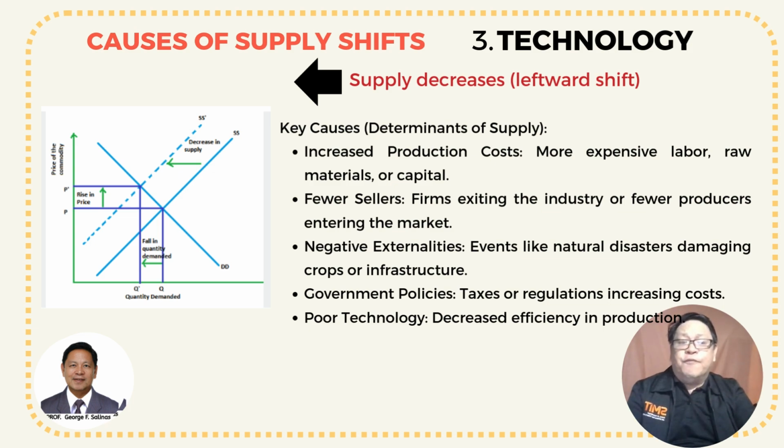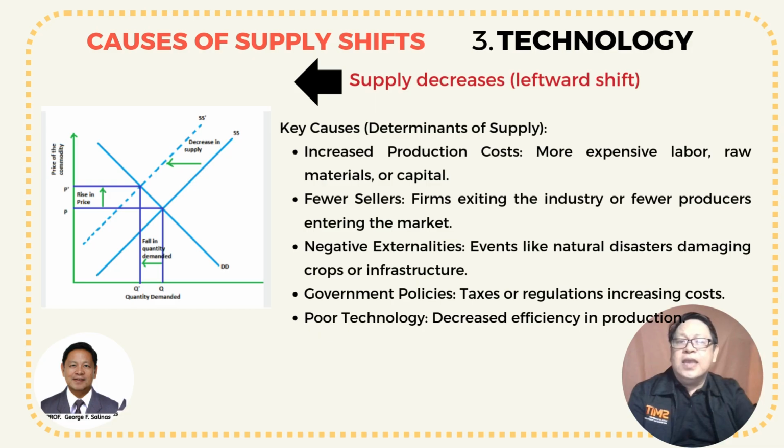And of course, the fourth factor is the government policies. The implementation of new taxes, stricter regulations, or the removal of subsidies can increase operational costs for businesses, thereby discouraging production, and it lowers the supply.